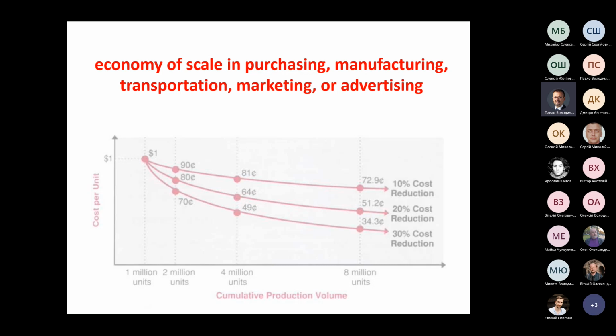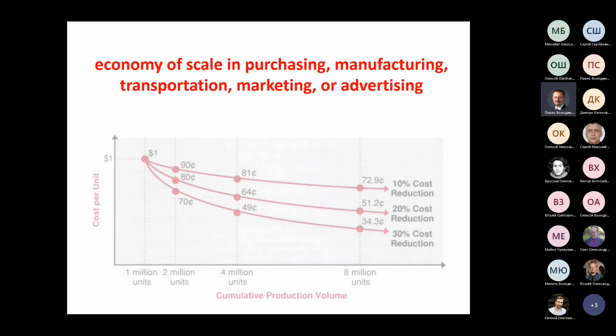The rule is the same, connected not only with purchasing of some raw materials and details, but also if we are producing something in bigger quantities, we can have better efficiency also connected with manufacturing, with transportation, with marketing, with advertising. So the cost per unit will be smaller.